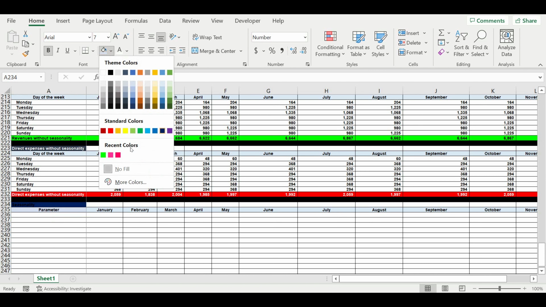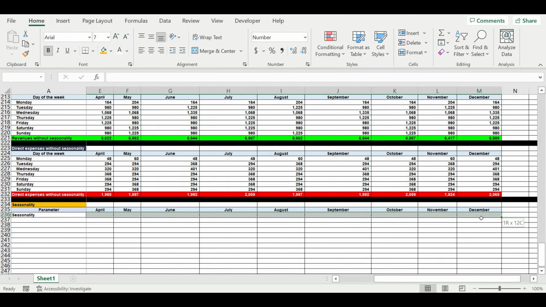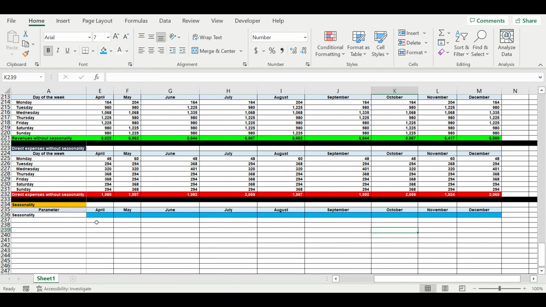Seasonality. This parameter will be in percentage. So these are the inputs. I color these cells with the specific color which goes with all our inputs.